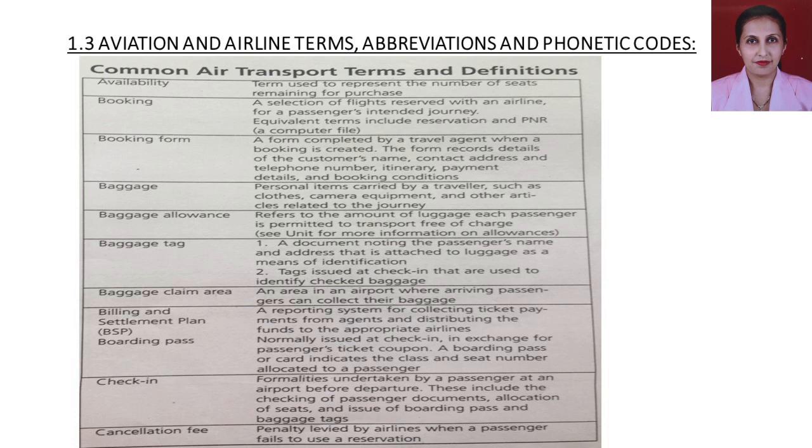When you enter the airport, you show your ticket and your ID, and you go to the check-in counter of that particular airline. For example, if you're traveling by Indigo, you go to the Indigo check-in counter. You give your ticket and your ID to the staff, you hand over your luggage, you get a tag for your check-in bag, and you get a tag for your handbag.